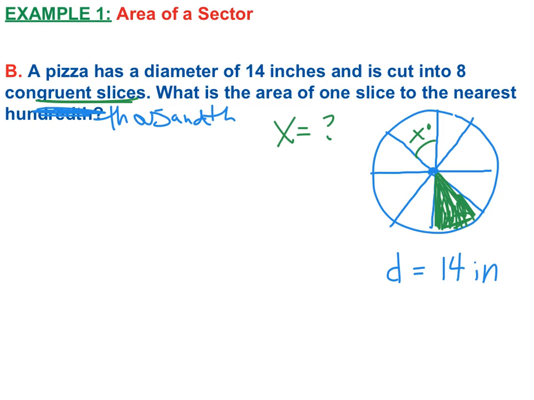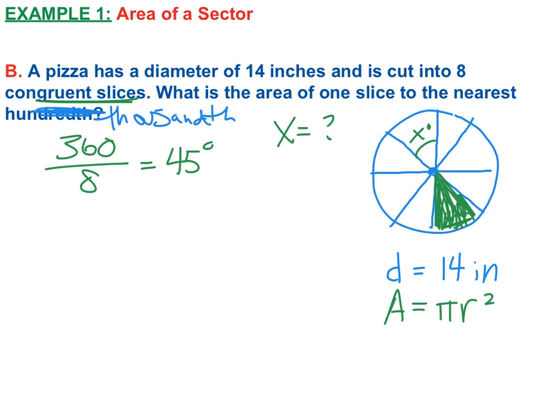We know that a circle is 360 degrees, and since we have 8 slices, we can divide 360 by 8 to get that the measure of one slice will be 45 degrees. We have the diameter is 14, but when we work with the area formula, we are working with radius. So we have to cut that diameter in half, so the radius is equal to 7 inches.